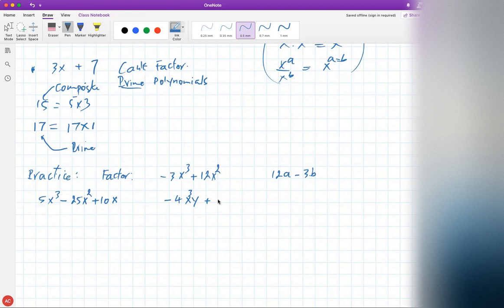So we have this, and let's say, and finally, another example here would be, for example, 7.